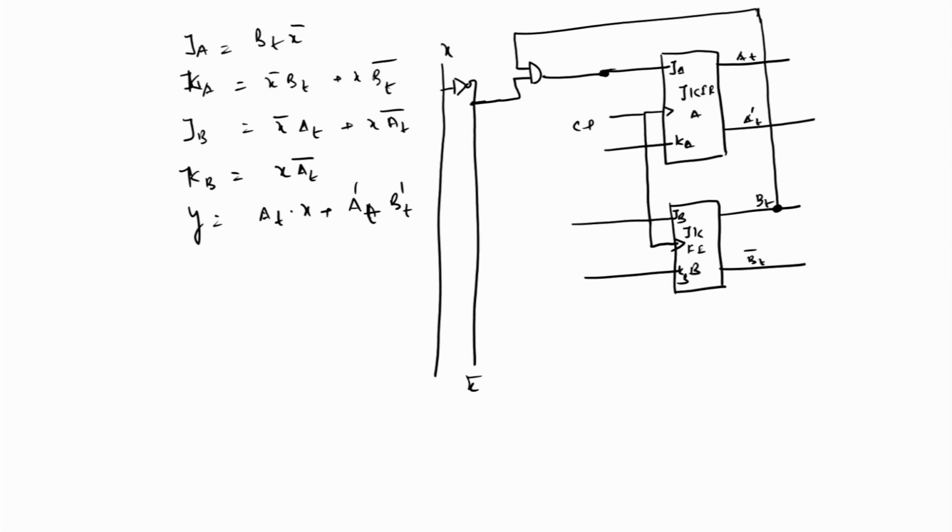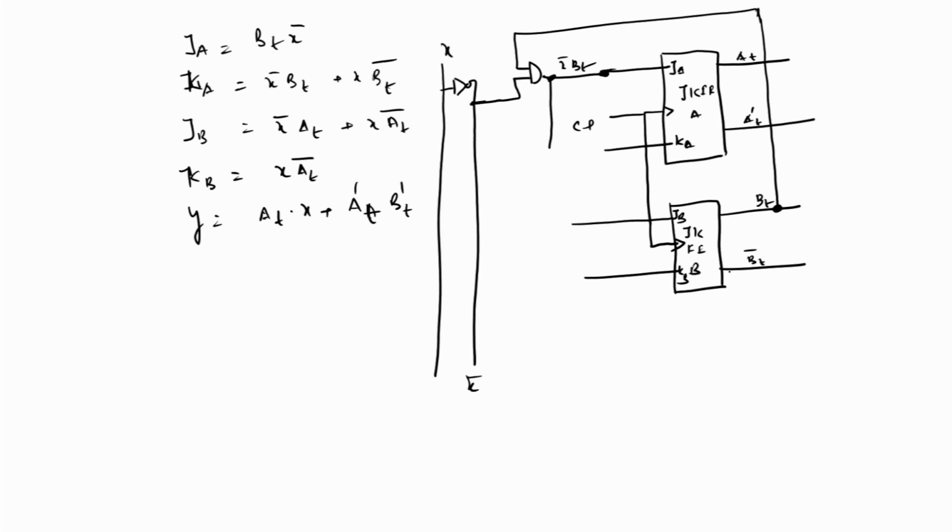X complement BT is taken from here, and the other input is X into BT complement.